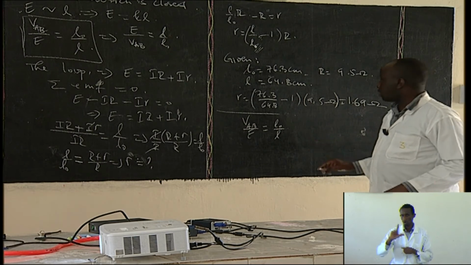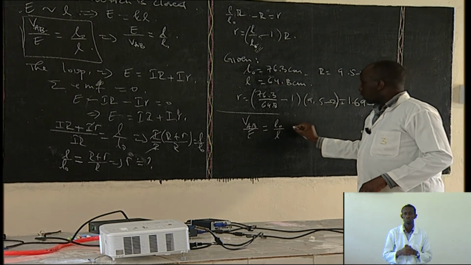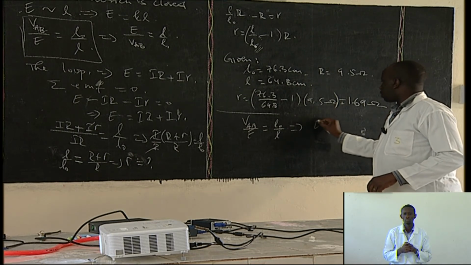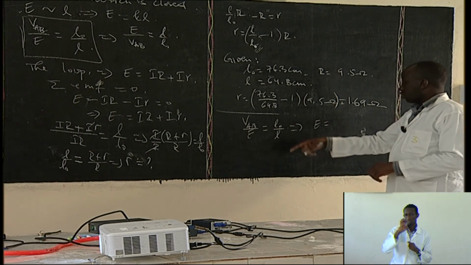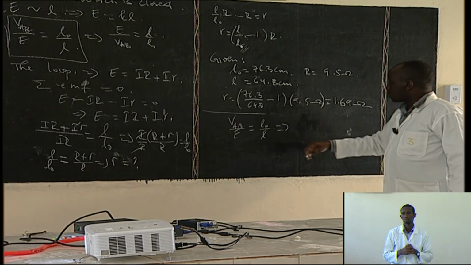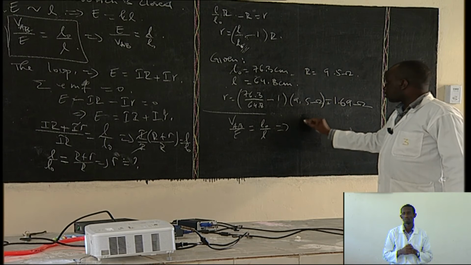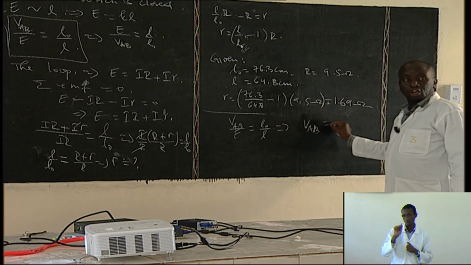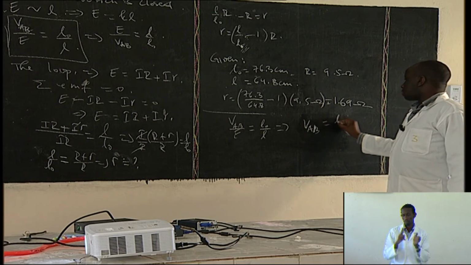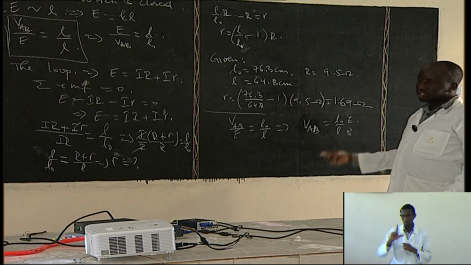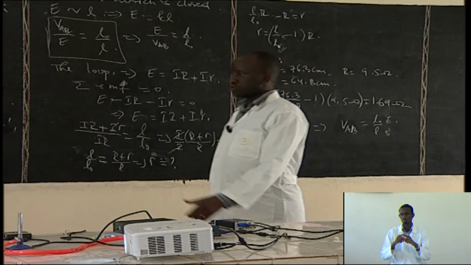So then, VAB equals L0 over L times E, times this electromotive force here.